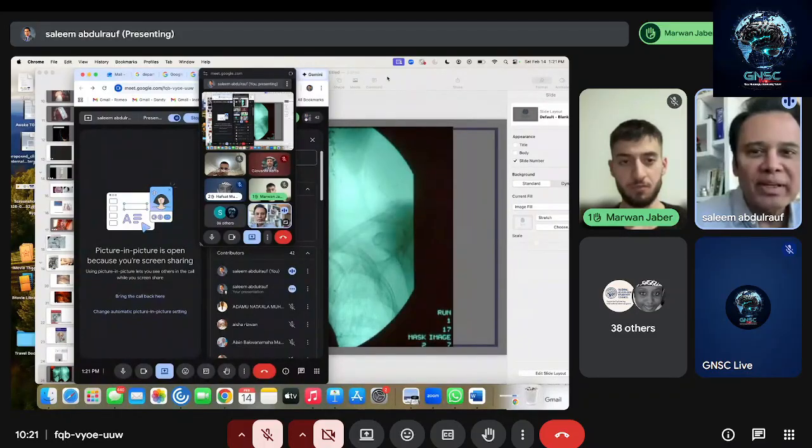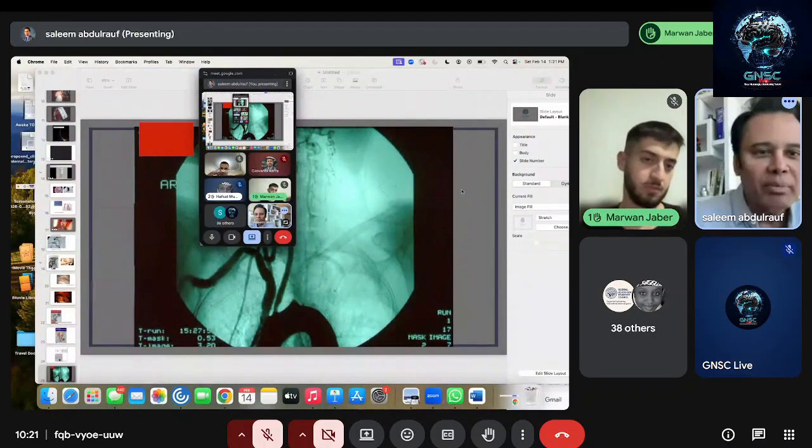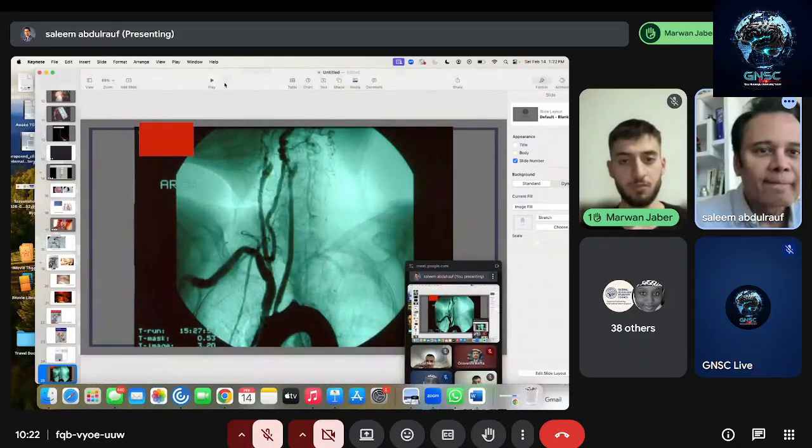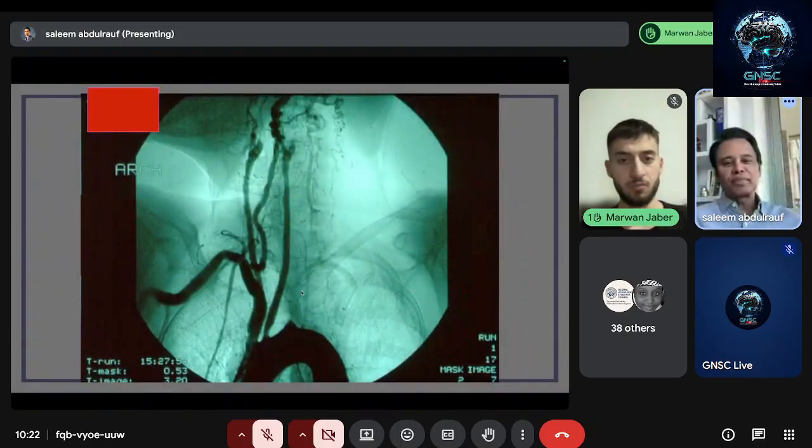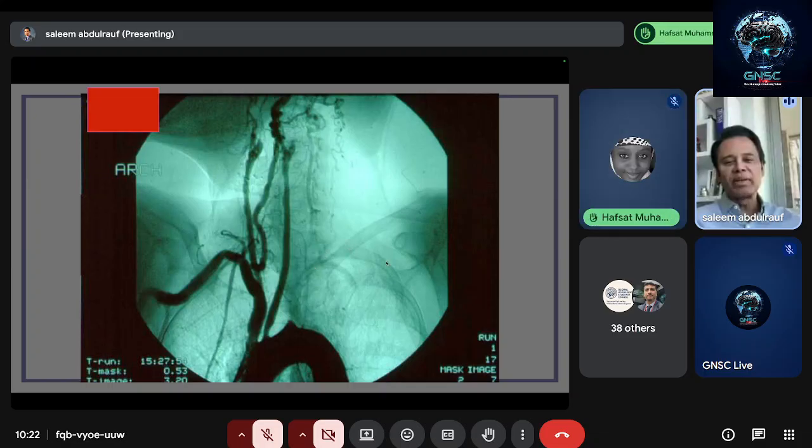For those of you who joined a bit late, let me show you again what the problem is. We have a lady that came to me, sent by my neurosurgical colleagues. She has a lot of ischemia, lack of blood flow to the brain. The left side is completely occluded.